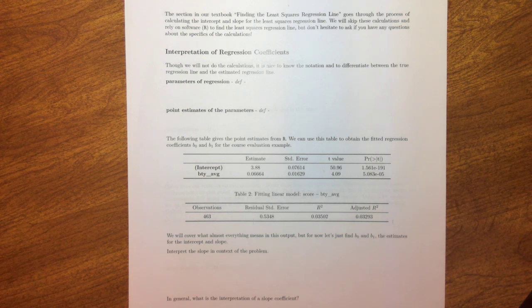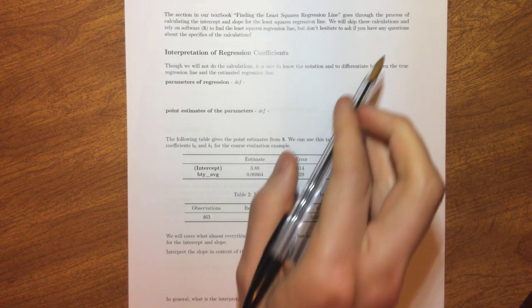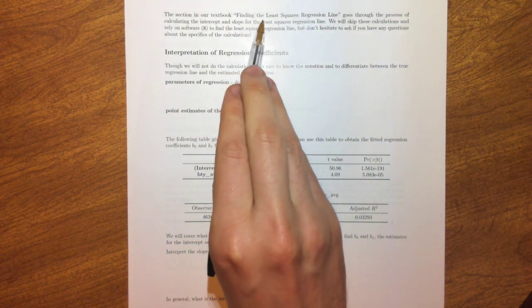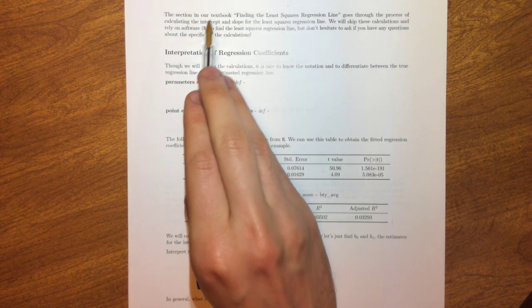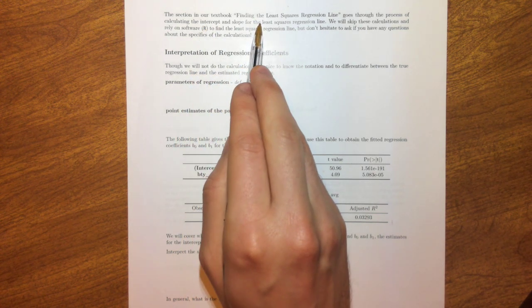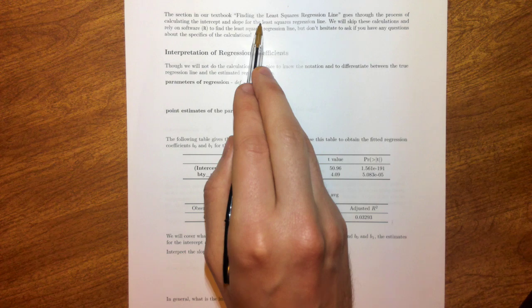Alright, so hi everybody. The purpose of this video is to talk about some interpretations of our regression coefficients, as well as to introduce reading a table of output from some statistical software like R. Before we really get going, I wanted to mention that our textbook does go through this process of calculating the intercept and the slope by hand just through algebra.